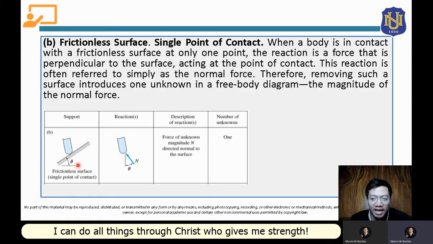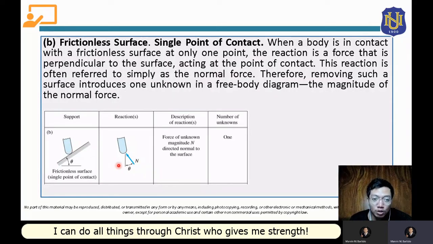This surface will provide a reaction force on this body, and the application of that reaction force, which is the normal force, will be at the point of contact of this surface and this body. The point of contact will be at this point, so that will be the point of application of your normal force.